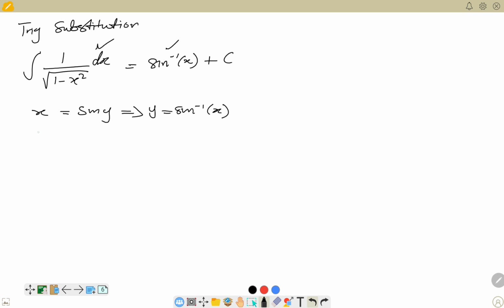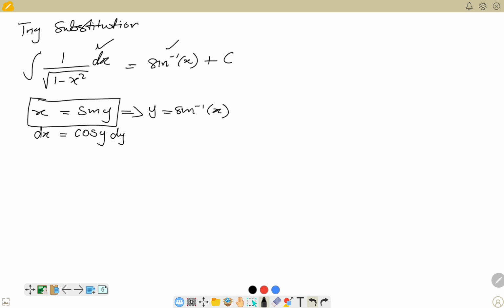Then if I want to differentiate this, it's different from when I'm integrating. Now I'm differentiating sine. It's not going to be a negative. It's going to be cos y dy.